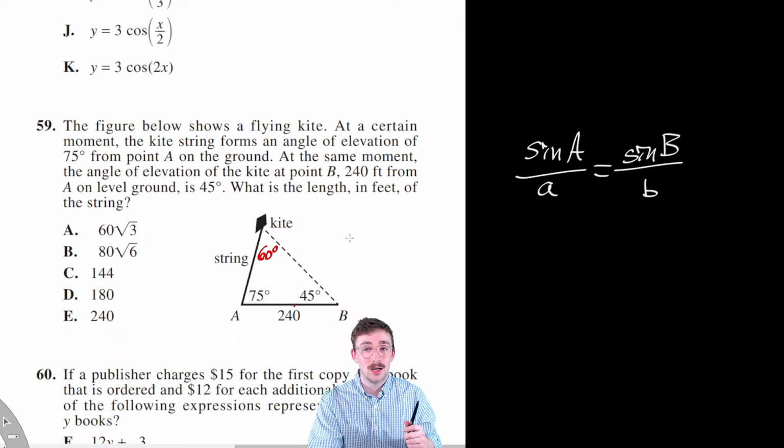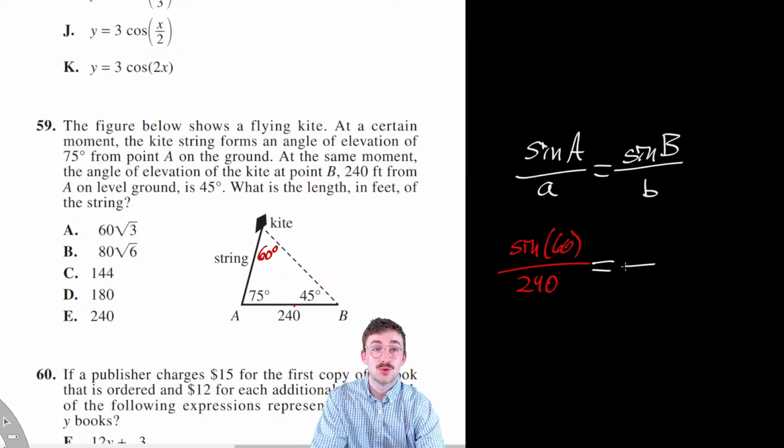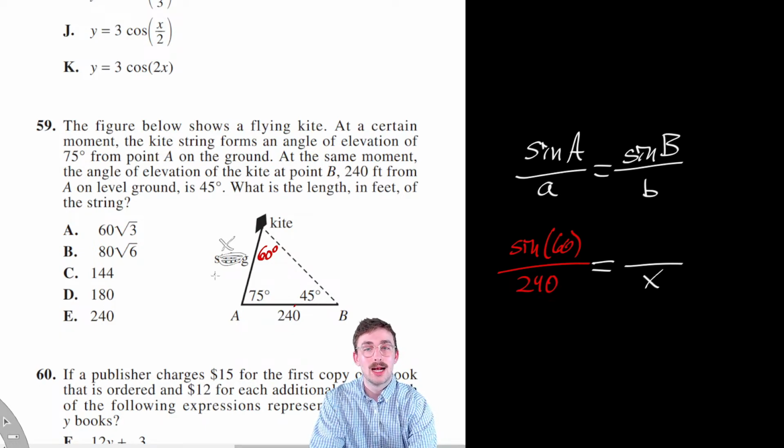60 degrees, so that means that we have sine of 60 divided by 240 equals, and then the length of the string, I'm going to just write as x right there. That's going to be opposite 45, so sine of 45.